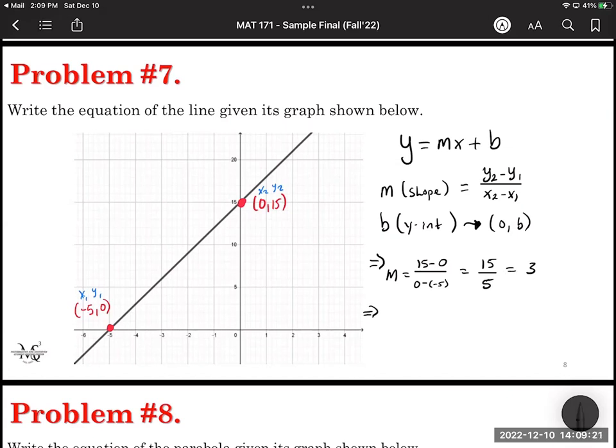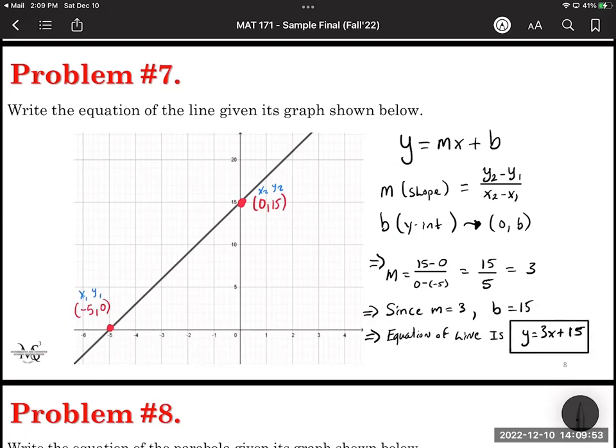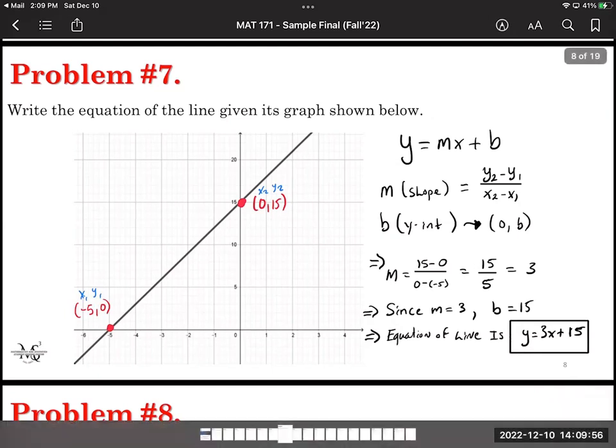All right, so since m is equal to 3, b, your y-intercept, is equal to what value? The 15. Then the equation of the line is y equals 3x plus 15. And that's it.